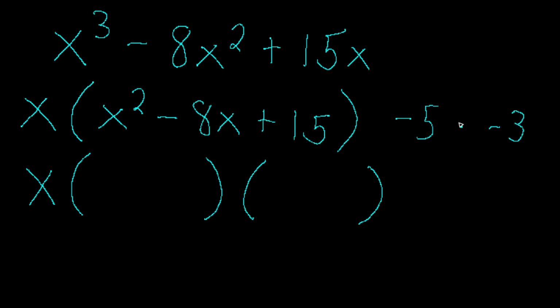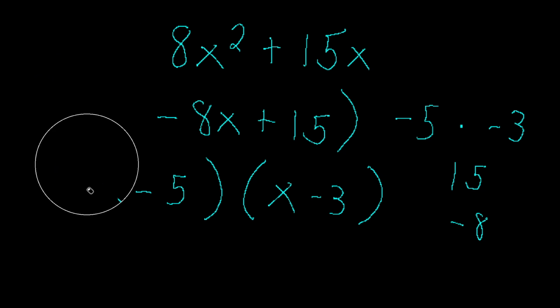And negative 5 and negative 3, they will multiply to a positive 15 and they will add up to a negative 8. So we have our x in the front here to make our x squared, and then minus 5 for a negative 5 and minus 3 for a negative 3.